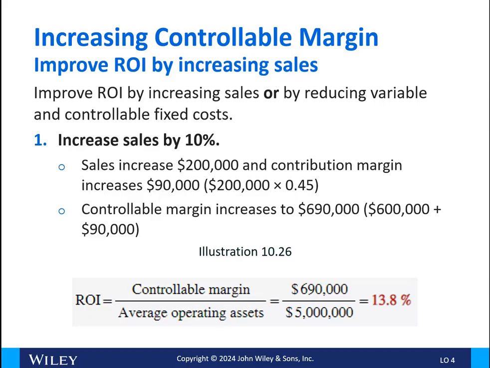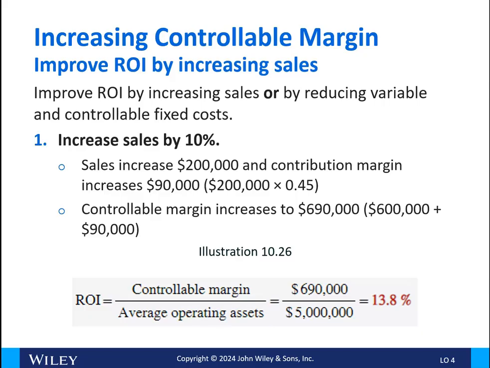Improve ROI by increasing sales or reducing variable and controllable fixed costs, which will increase our margin. If we increase sales by 10%, sales increase $200,000, and contribution margin increases $90,000, which is the 45% contribution margin rate times our change in sales.